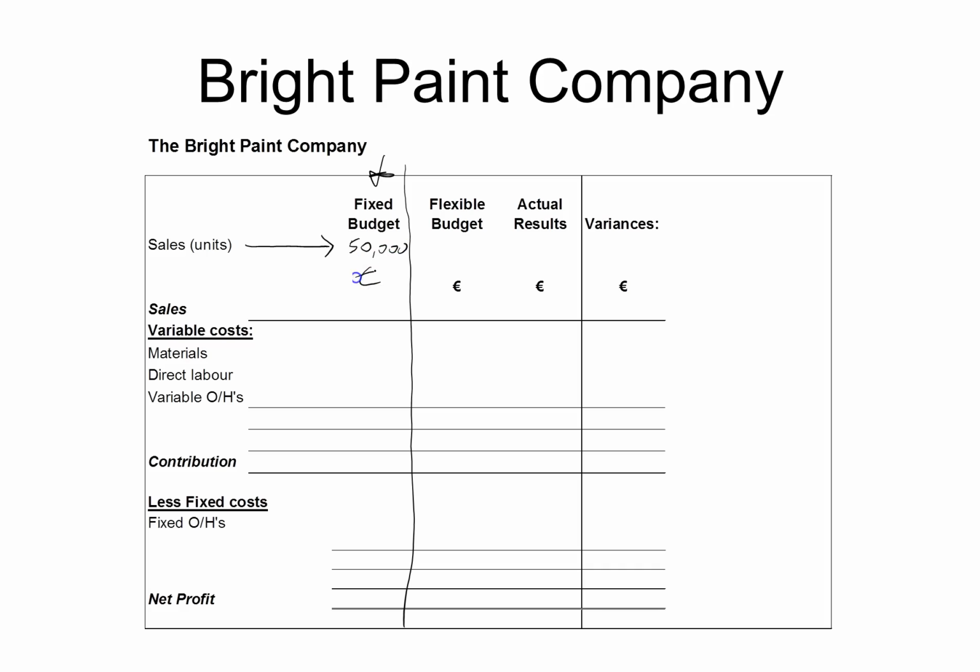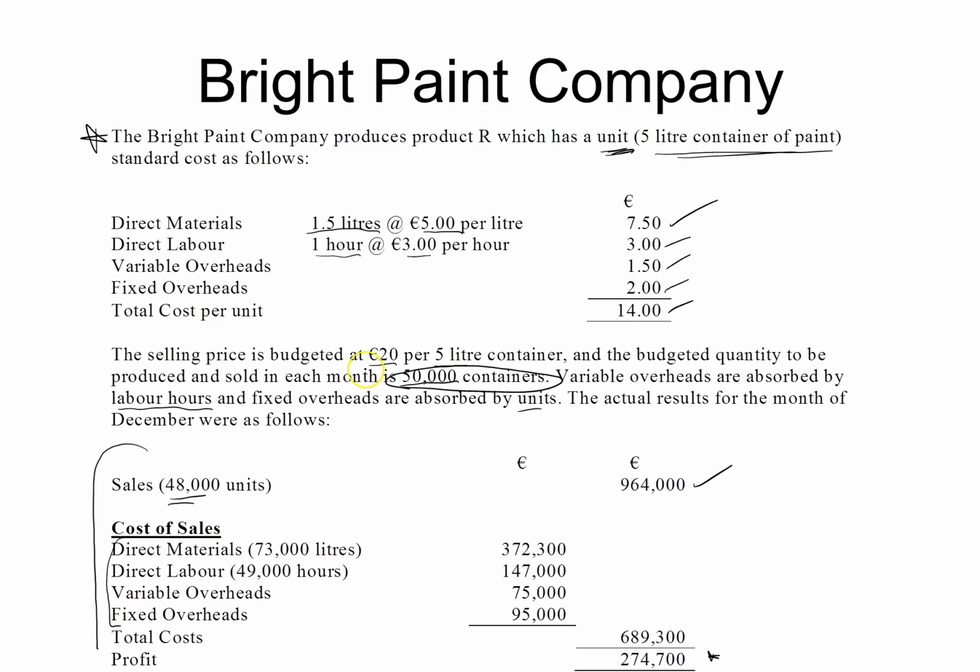And then everything else is going to be money. But what I might do here, which can be quite useful, is I might just put in the unit price and costs. Now we're given that information, so if I go back here, we can see the budget selling price is €20, the materials $7.50 per unit, the labour €3 per unit, and the variable overheads $1.50 per unit.